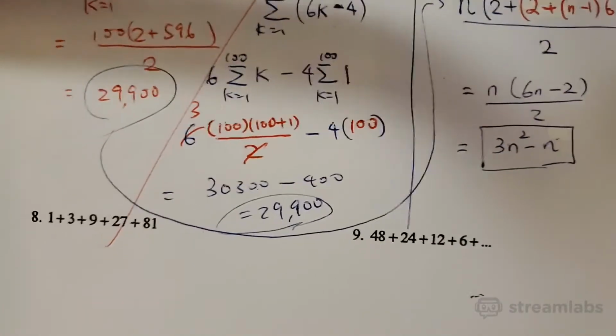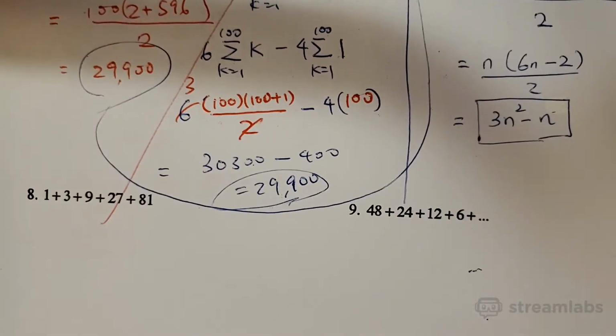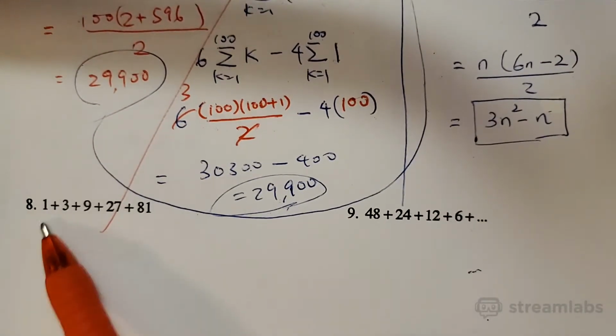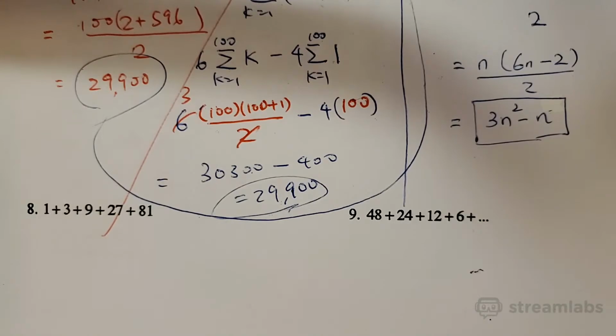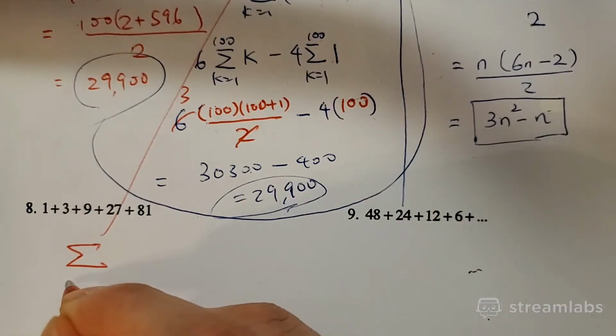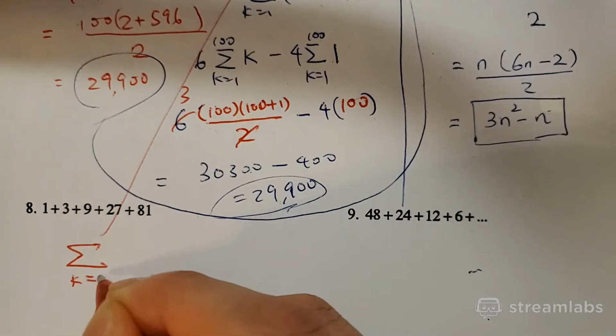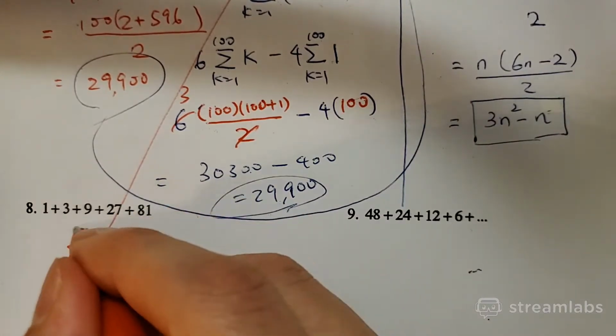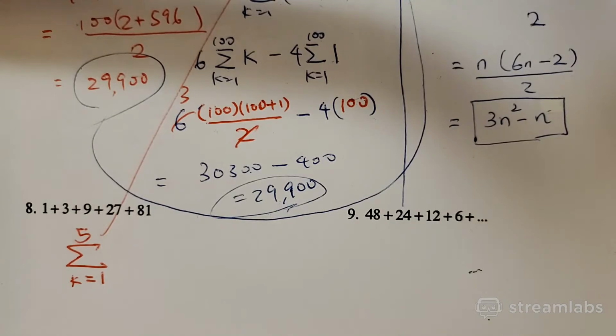Number 8. Use sigma notation. So what kind of series is this? 1, 3, 9, 27, 81. How can I write the expression? There's 5 terms, so I'm going to do 1 to 5.